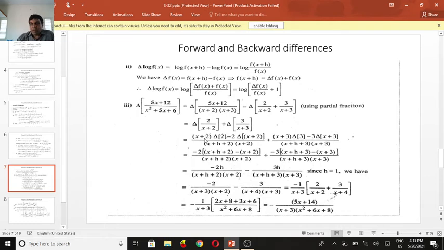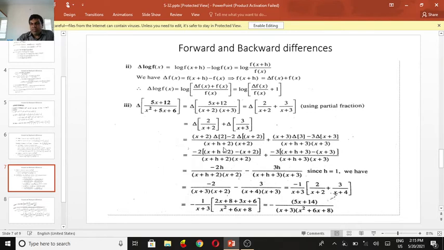In the denominator, replace x by x plus h: x plus h plus 2 times x plus 2, with the numerator x plus 2 Δ2 minus 2 Δ(x plus 2). Similarly, for the second term, the denominator is x plus h plus 3 times x plus 3, with numerator (x plus 3) Δ3 minus 3 Δ(x plus 3).